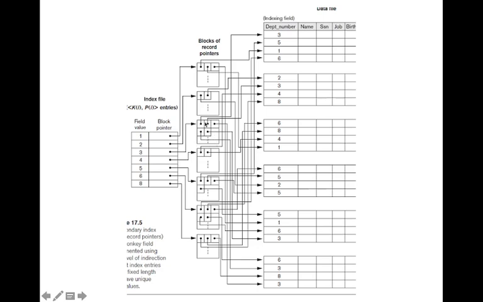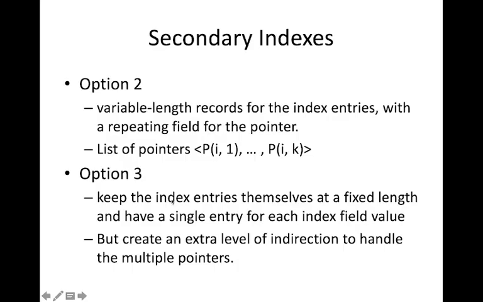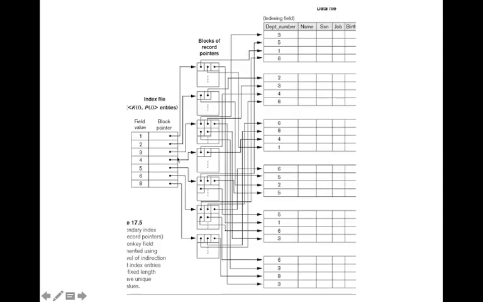This block will consist of all the pointers for the 3. This will point to this block, this will point to this block. Wherever that 3 is there, it will point to all these blocks. So this is known as indirection. That is what is written here: we provide an extra level of indirection to handle multiple pointers. For 3 we have multiple pointers.